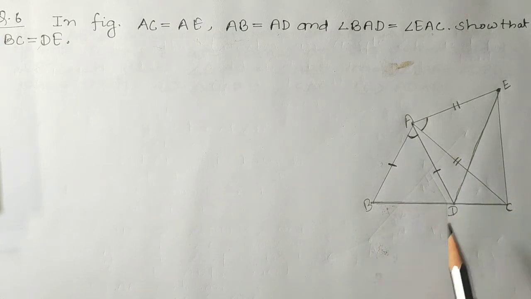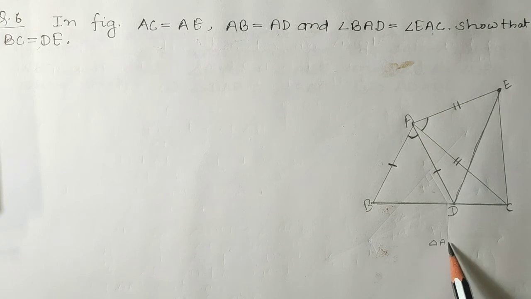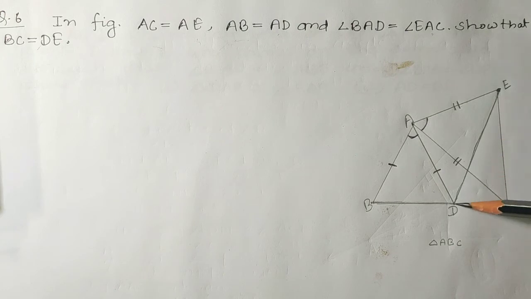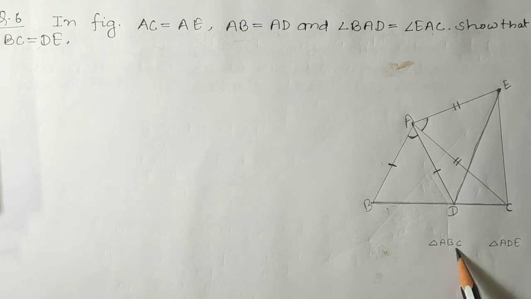BC is the part of triangle ABC. And DE is the part of which triangle? DE is the part of this triangle ADE. Triangle ADE.